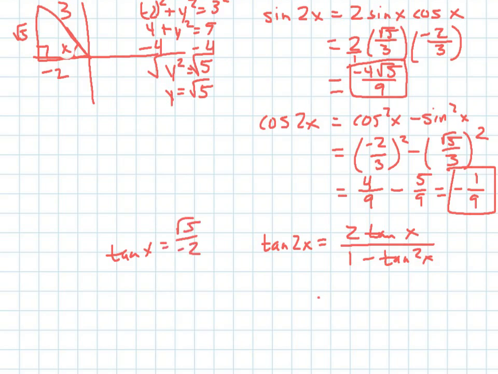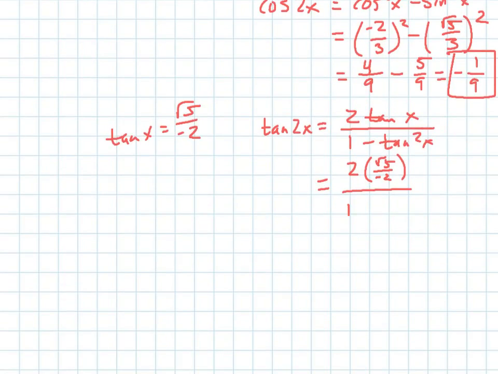Okay, so let's insert that in where we see a tangent. So 2 times square root of 5 over negative 2, then 1 minus square root of 5 over negative 2 squared. Let's simplify. So here, I can actually cancel out the 2's.